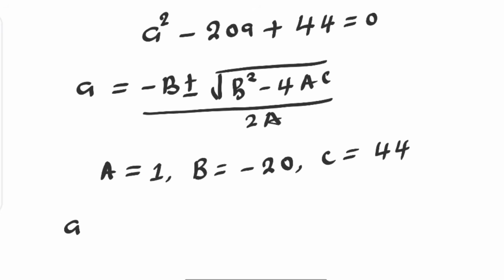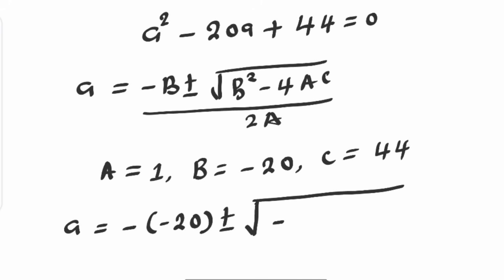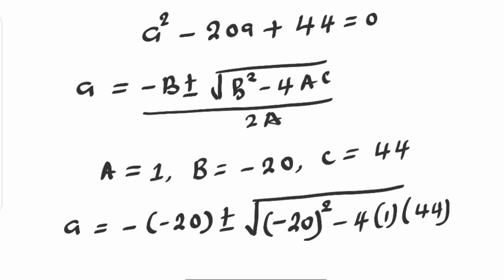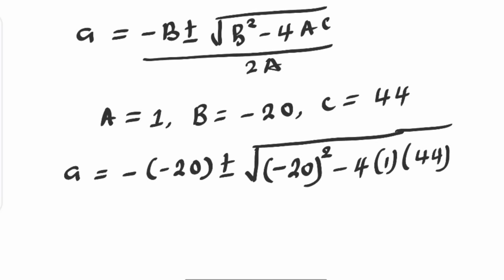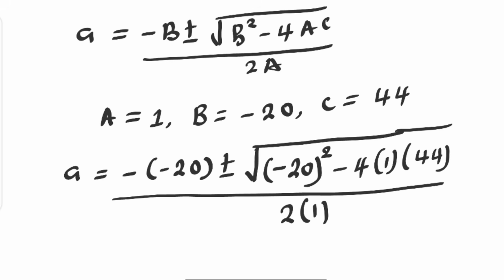Then A is equal to minus bracket minus 20 plus or minus square root of minus 20 square minus 4 multiplied by 1 multiplied by C, which is 44, divided by 2 multiplied by 1.